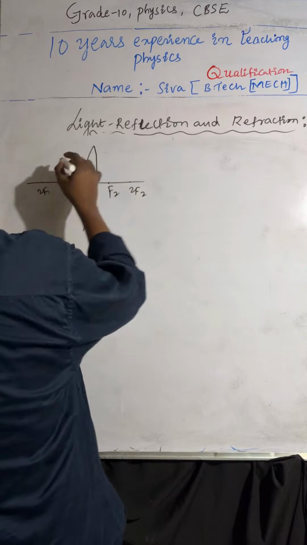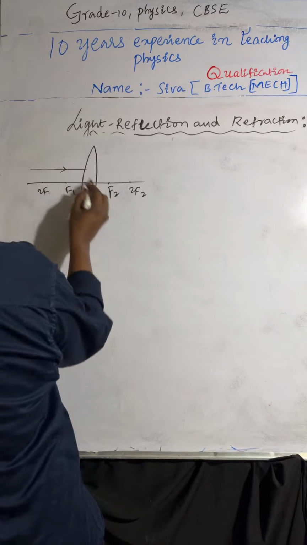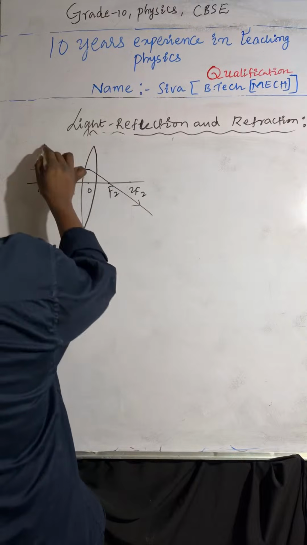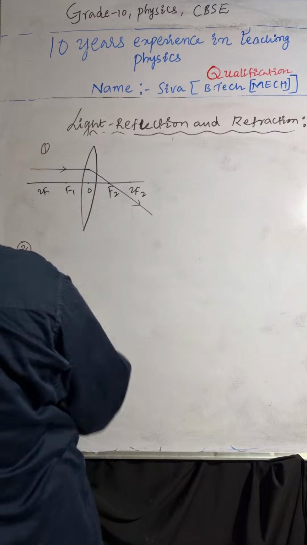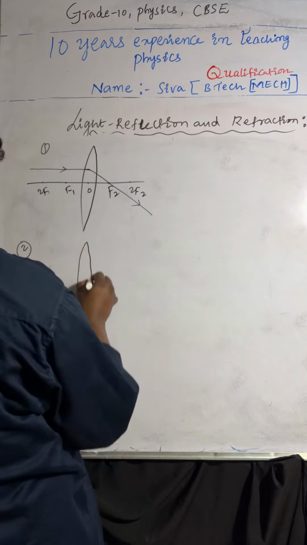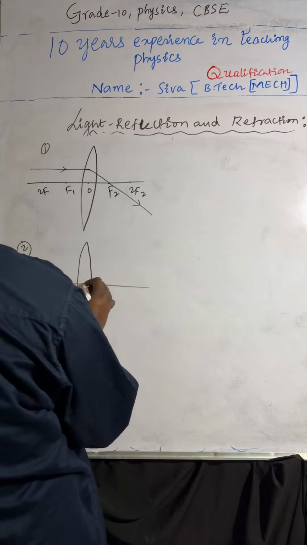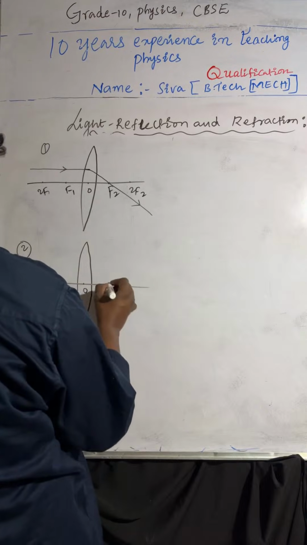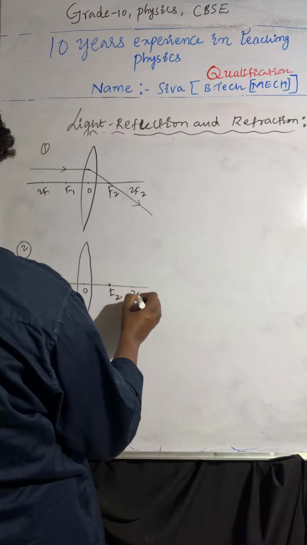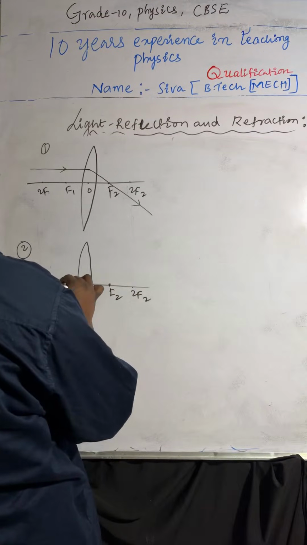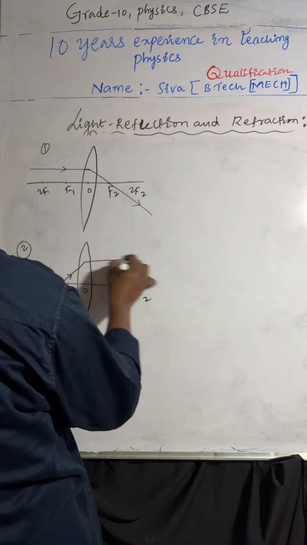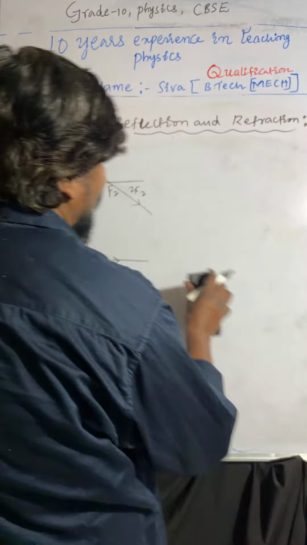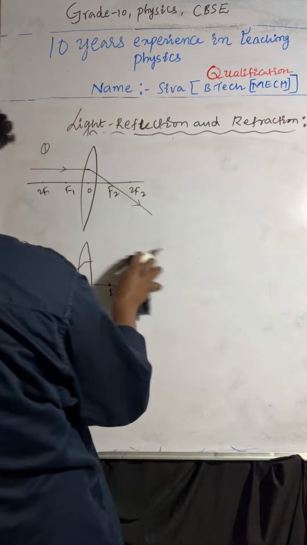Point number 1: a light ray coming from infinity, after refraction, passes through the focus. Point number 2: a light ray passing through the focus, after refraction, moves towards infinity, becoming parallel to the principal axis. Understood or not?